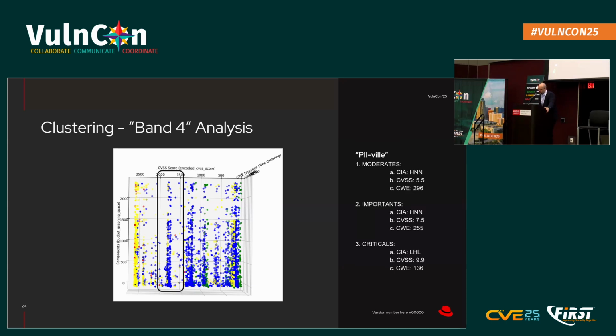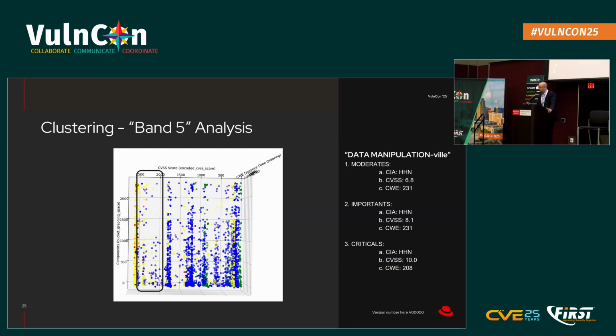Band 4 was interesting because similar to band 2, now we have the same sort of thing. We called it Pieville because now the confidentiality impact is high. So this is where we're getting to the kinds of vulnerabilities that are impacting confidentiality, and it's sensitive information that is being compromised.